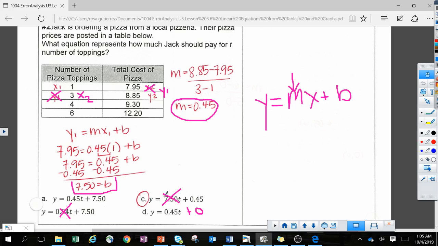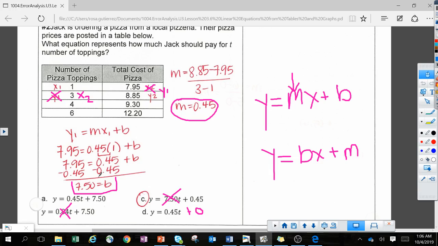And yet we still chose C, and I think it's because we were writing it as if it should be y equals bx plus m. And I'm not sure if it's the t that confused us because it's not an x value, but just keep in mind that it should always look like this.